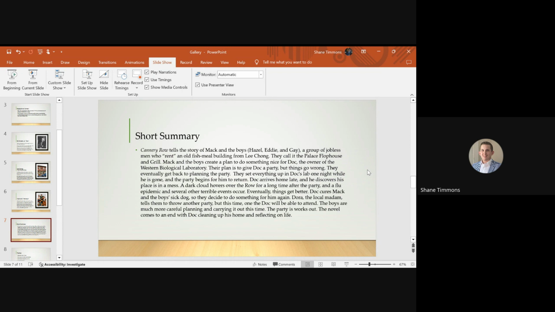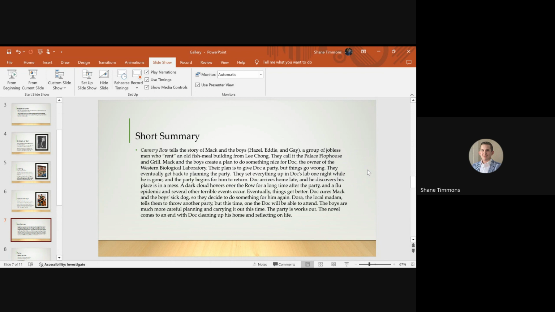After all of these issues happen, they decide to restart and replan the party. But Doc arrives home late. He discovers his place is in a mess.